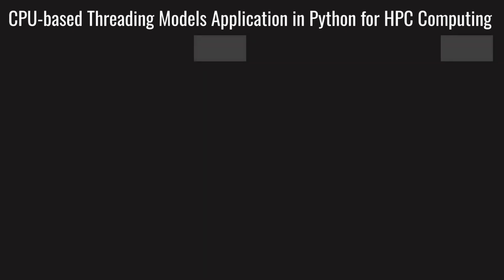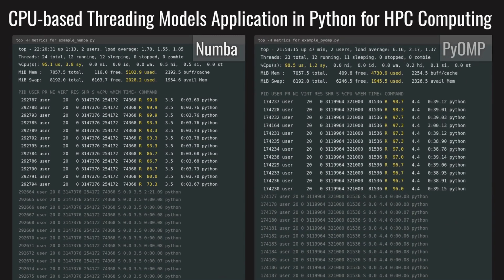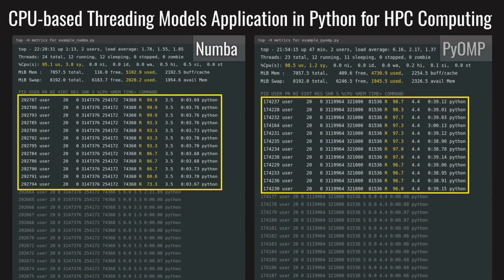The metrics presented here illustrate the current CPU load due to the running threads for running Numba and PyOMP code. Yellow members are for threads that are created and kept up to date by the external threading model library, in this case OpenMP. It is evident that those threads scale well as they run in parallel. In comparison to PyOMP, the Numba execution performed a little slower.